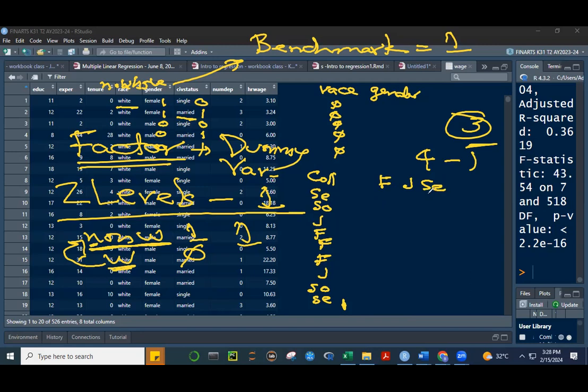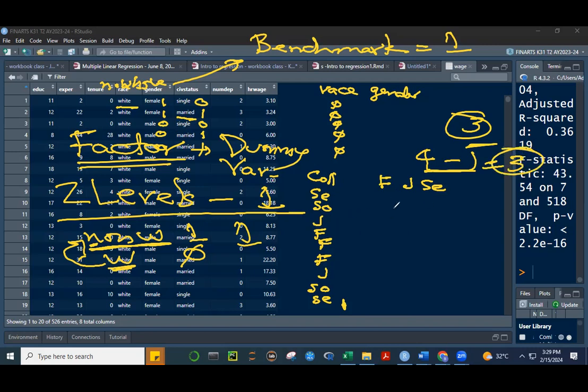Okay? So, alphabetically, class, si Frosh reference. Si Junior reference, si Senior reference. Si Sophomore lang ang hindi reference. Of course, you can change this class. Kung gusto mong maging ang reference mo si Sophomore kaysa kay Senior, that can be done. But we'll discuss that later on, class. So, 4 minus 1 is equal to 3 dummy variables.